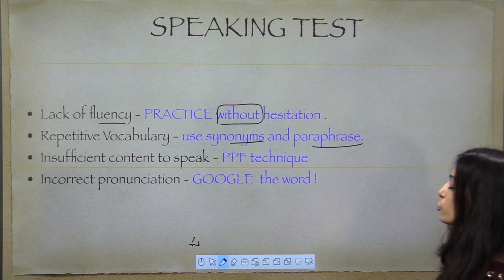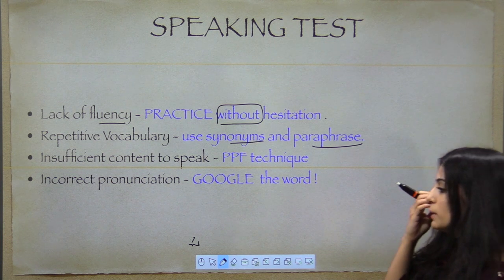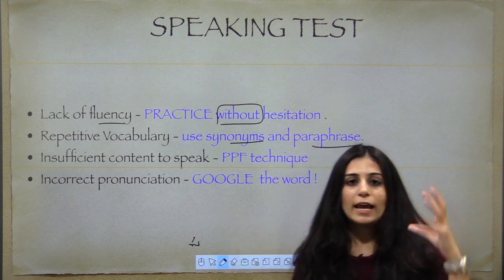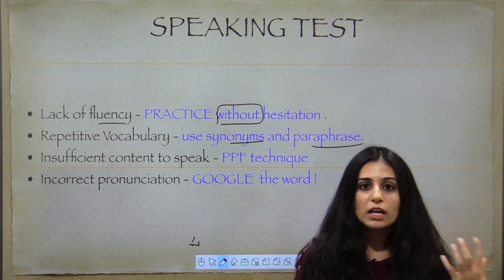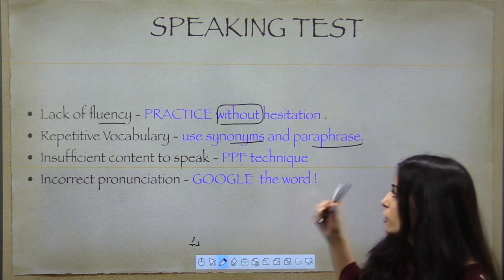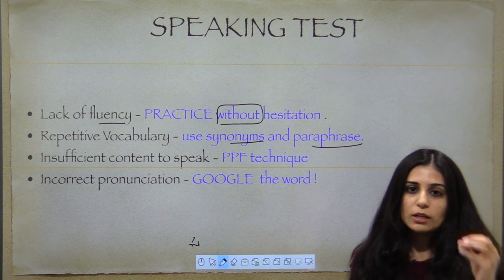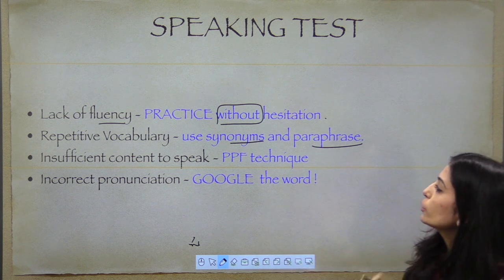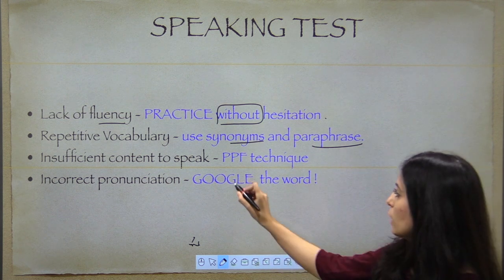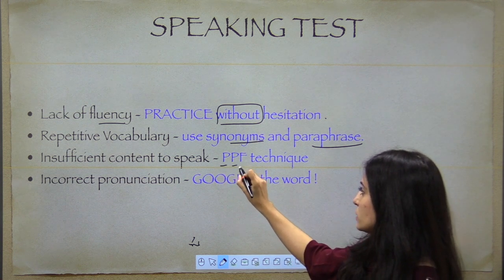Insufficient content to speak. A lot of times we go blank and we struggle in getting hold of the words or conveying our point of view. For that, if you come across something that's very strange, or some topic that you have no idea about, what you can do is try to talk about the past, the present, and the future.